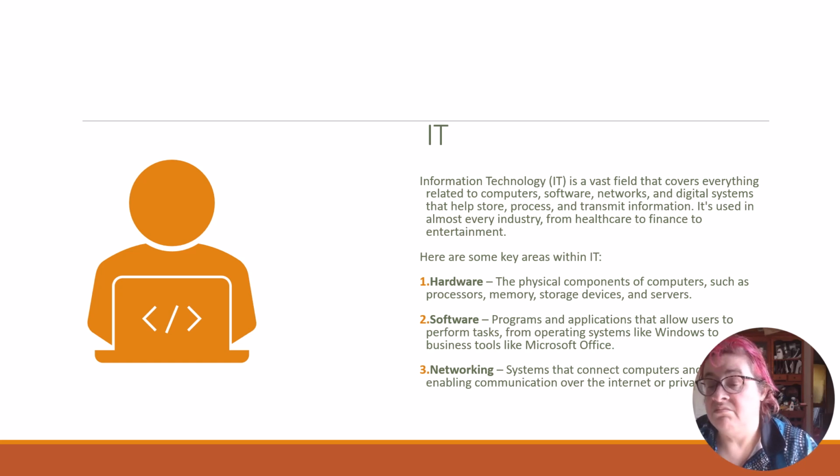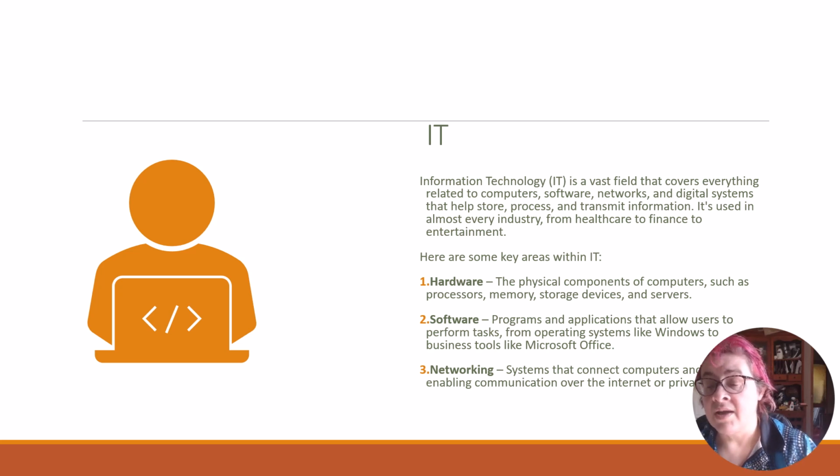It processes information and it transmits information over cables or over satellite or over mobile phone technology or some other kind of technology, sometimes microwaves. And it's used in almost every industry. In fact, I think most industries have got IT nowadays.